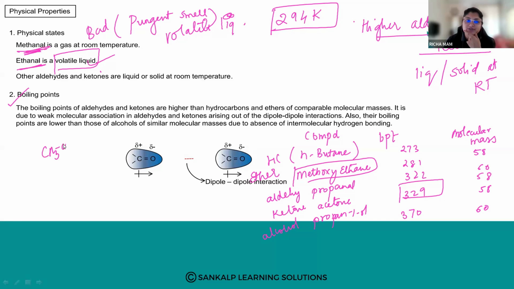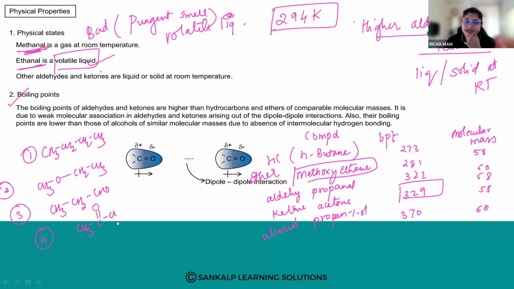Butane is CH3, CH2, CH2, CH3. The ether methoxyethane is CH3O, CH2, CH3. Third one is propanal, CH3, CH2, CHO. Fourth one is acetone, CH3, C double bond O, CH3. And the fifth one is propan-1-ol, CH3, CH2, CH2OH.